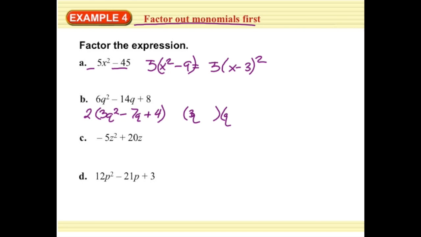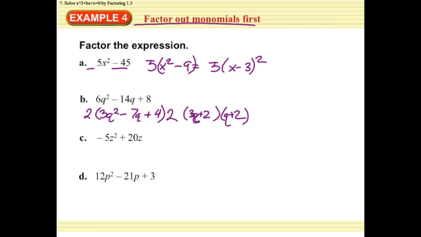There we go. And then my last term is going to have to be a positive 2. And don't forget your coefficient is 2. And that way you can keep working from there.